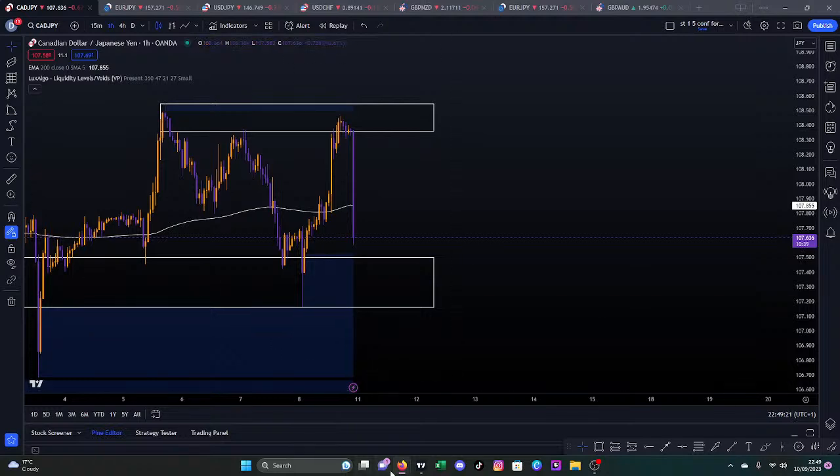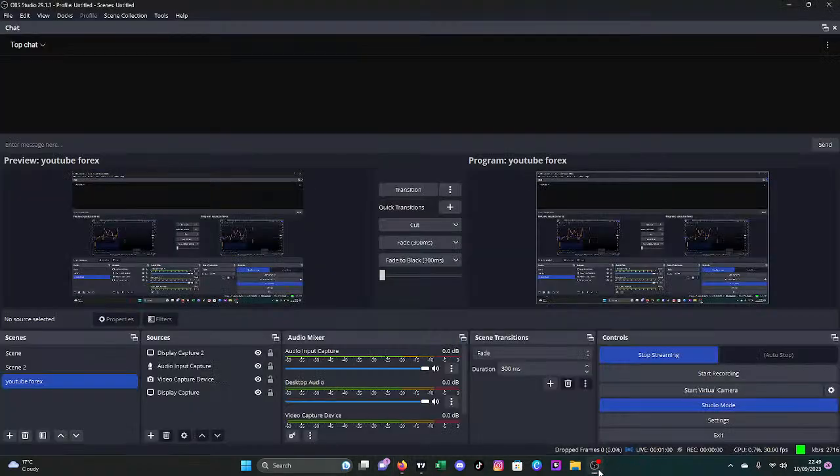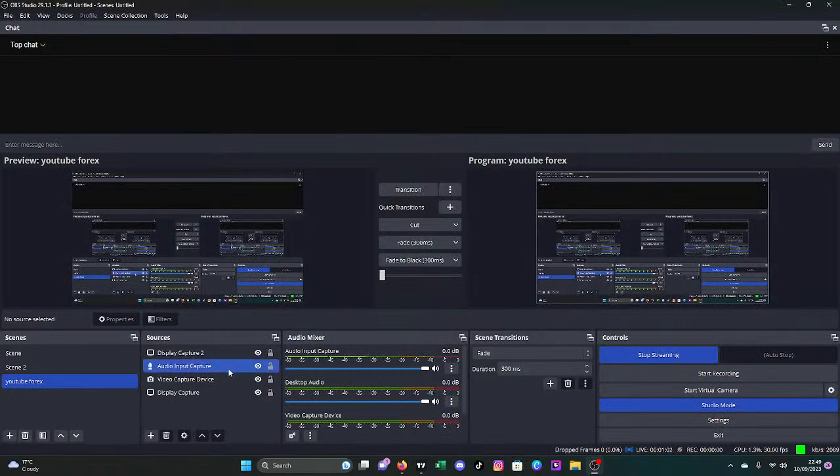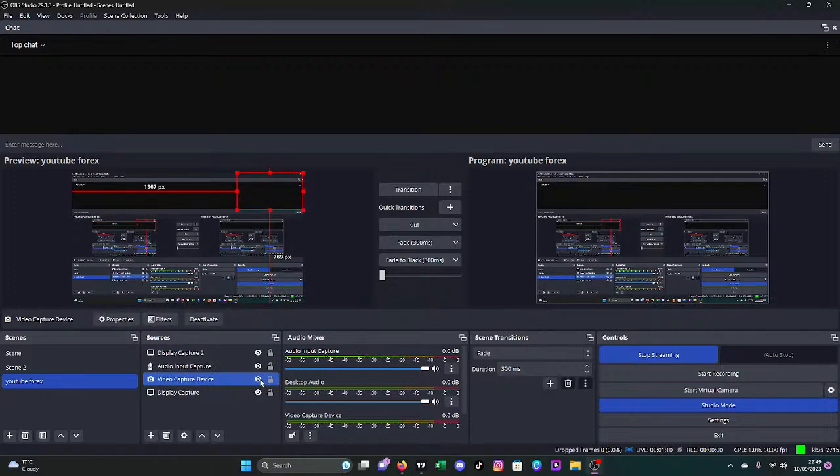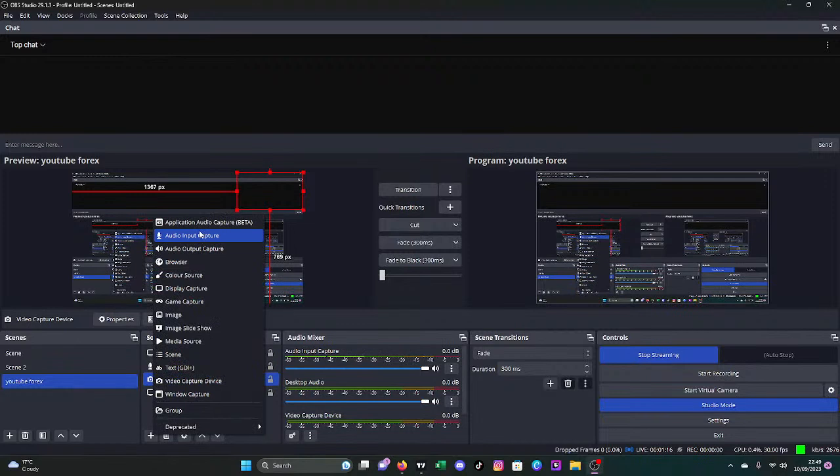I should actually have a camera on as well. I don't know where my cameras went. Audio input.